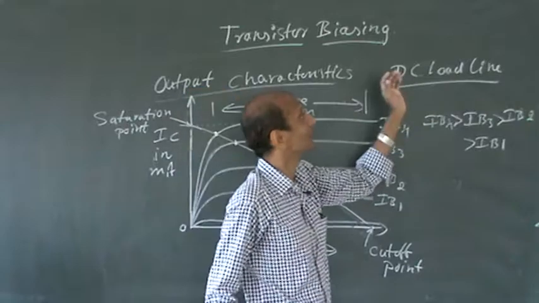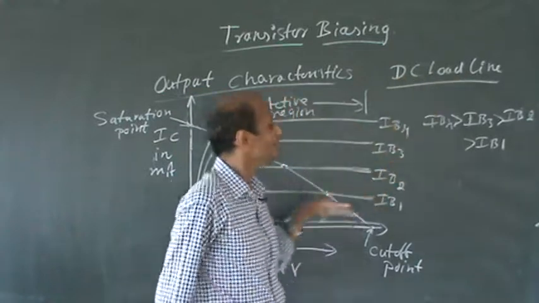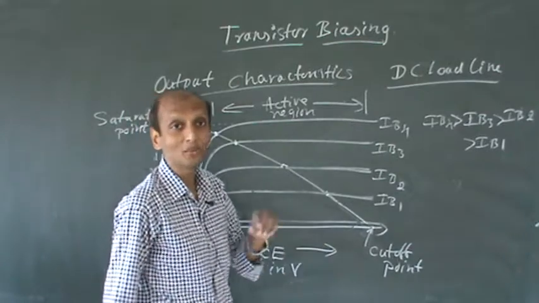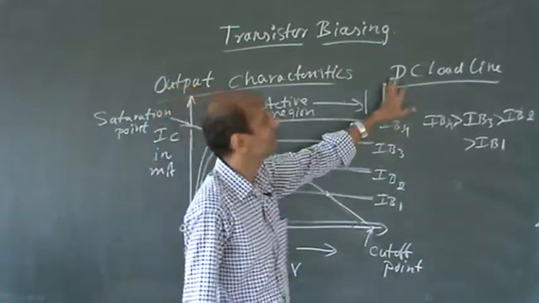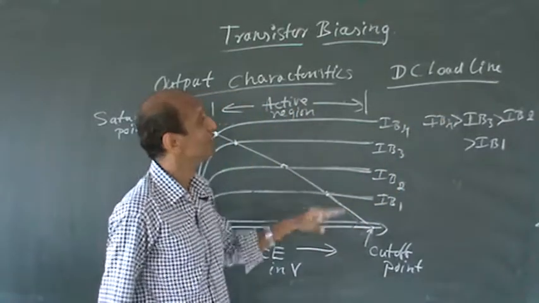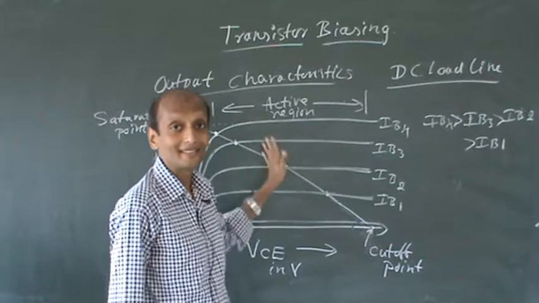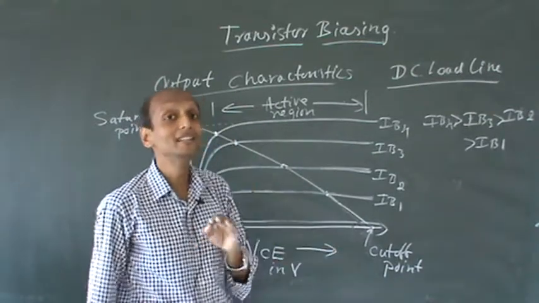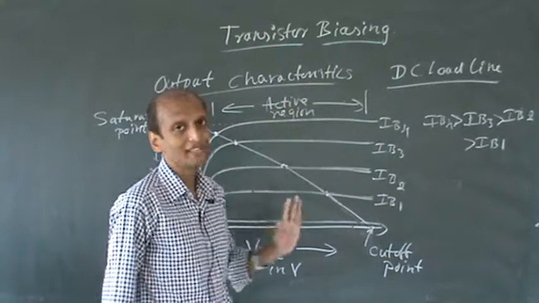So that is your load line. We want a straight line, which is found in the characteristics graph and which tells us about the transistor.